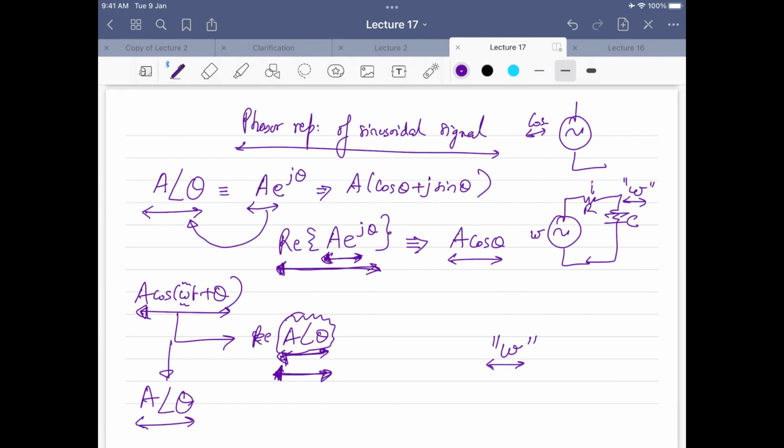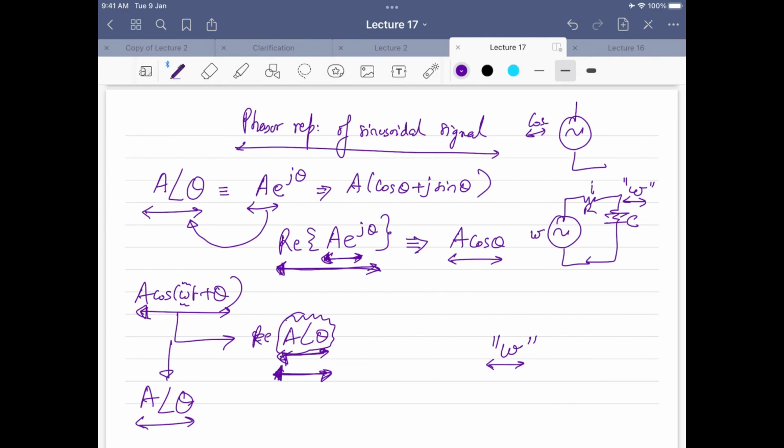Okay, sir. Is it like shifting the graph first by omega t units and then calculating it? Which shifting of the graph? Sir, the waveform of a cos(omega t plus theta). No, it's not about that. a cos(omega t plus theta) you are visualizing in terms of time analysis.